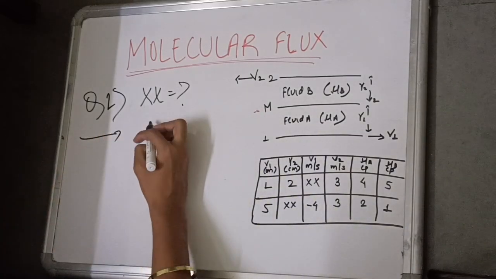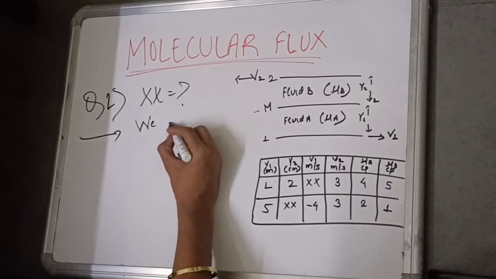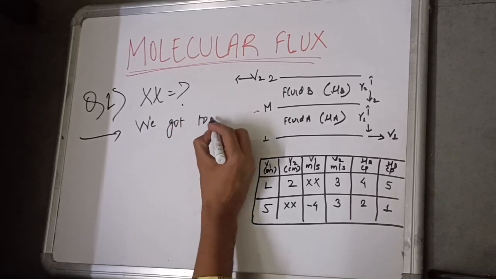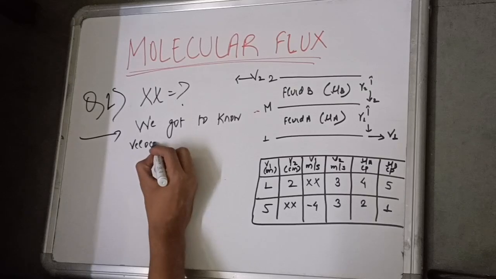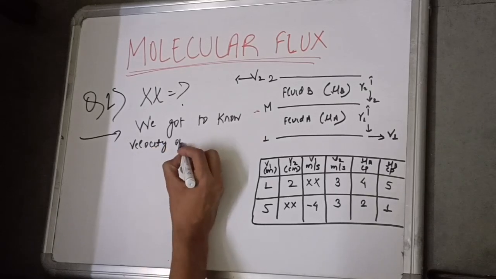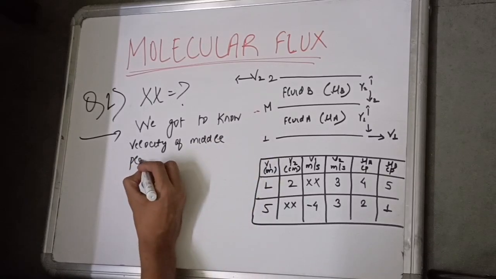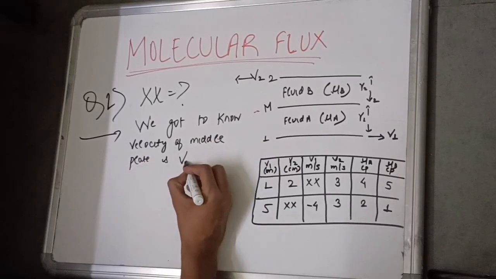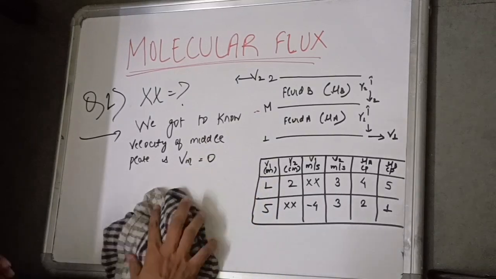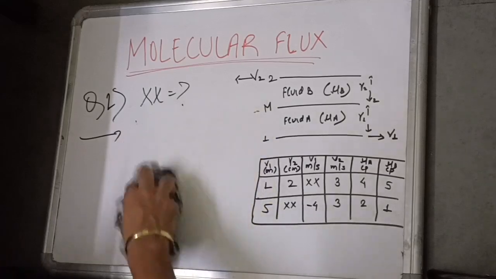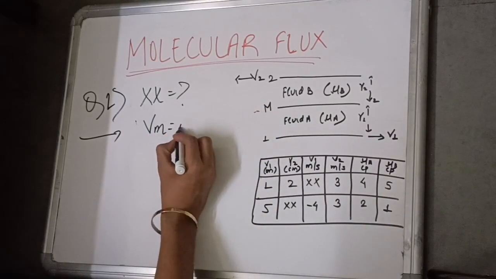To keep the middle plate stationary, we got to know that the velocity of the middle plate, Vm, should be 0.